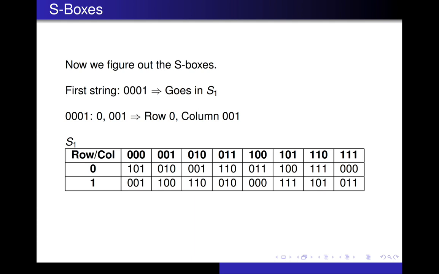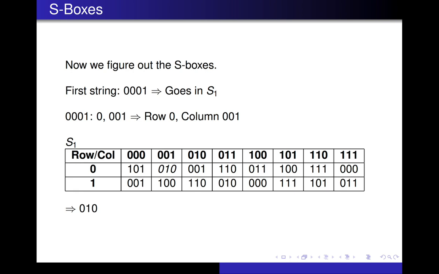Those are all written in base 2. Right, so we're looking for row 0, which is the top row, and we're looking for column 001, which is actually the second column, and then the 3 bits that we're looking for, that's 010, in row 0 and column 001. And so that's the 3 bits that we're going to take from S1.